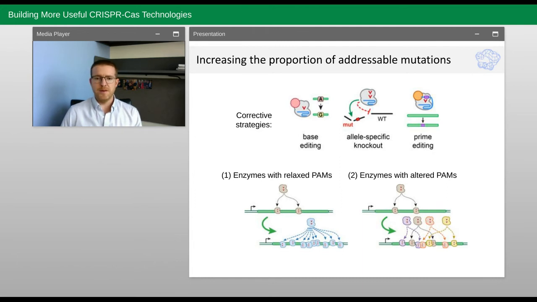And we pursue all these approaches with some of these relaxed PAM enzymes that I just described to you. But also in cases where we have enzymes with altered PAM requirements available, we use those because they're less likely to have off-target effects.